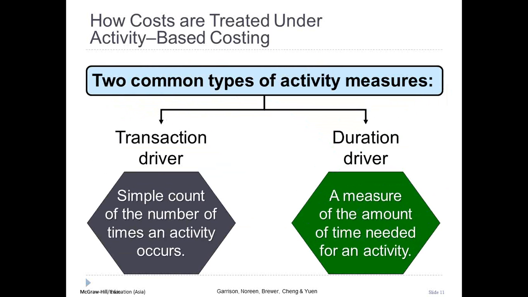The 2 types of activity measures include transaction drivers. These are simple counts of the number of times that an activity occurs, such as the number of bills sent out to customers. And second, the duration drivers, which are measures of the amount of time needed to perform an activity, such as the time spent preparing individual bills for customers.